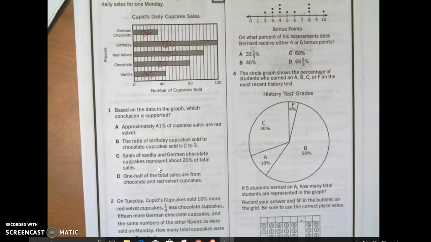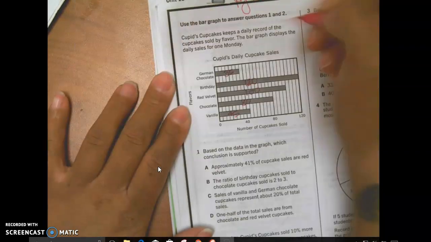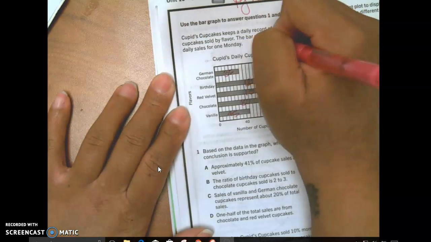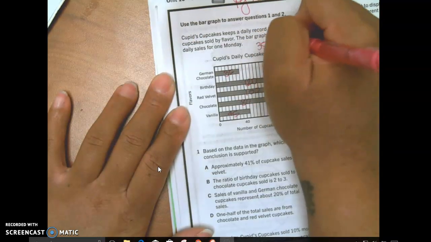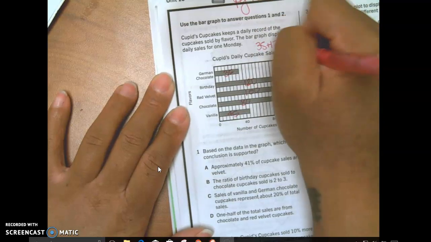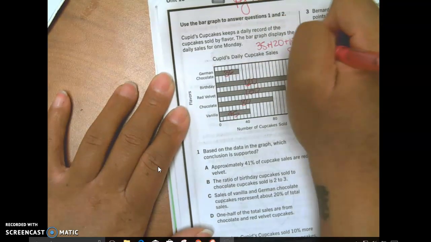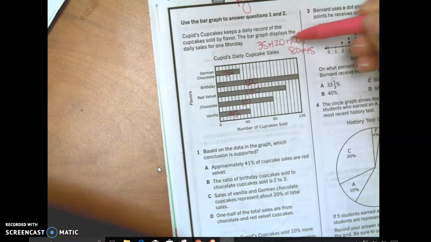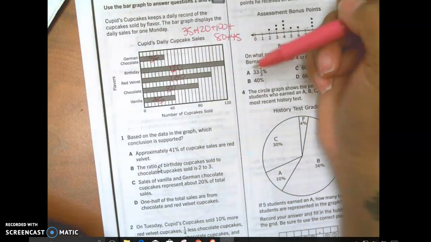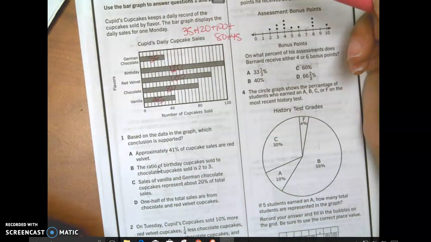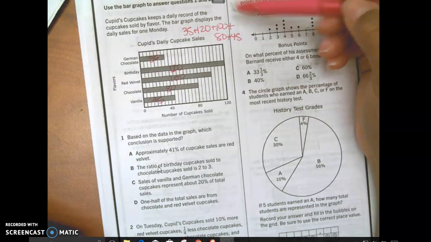What do I need to do once I've written all the numbers on those bars? I need to add them. 120 plus 100 is 220. Plus 35 is 255.